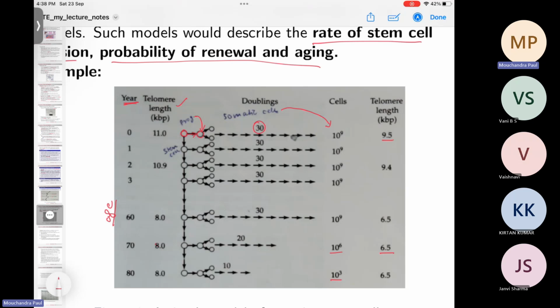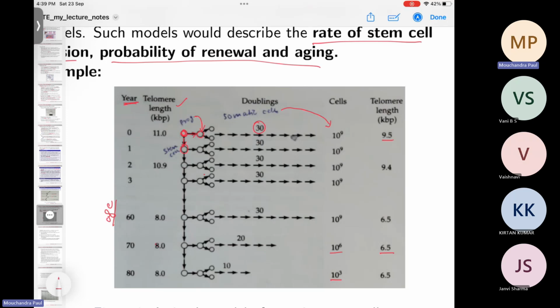Now note that when this first cell, this one at year 0, is undergoing cell division, then one daughter cell is becoming a progenitor cell, whereas another daughter cell is staying back, maintaining the reservoir of the stem cell.